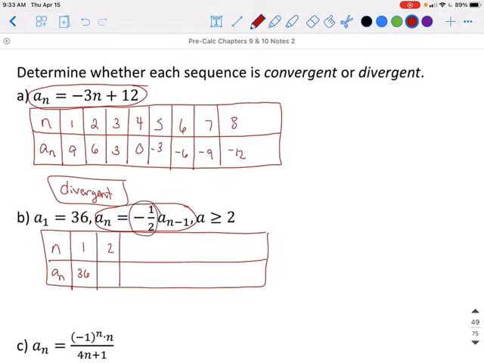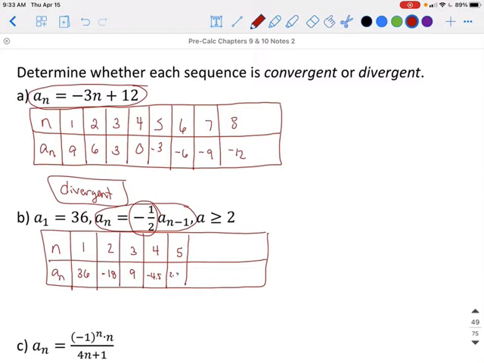So we're going to multiply 36 by negative 1/2, and that's going to give us negative 18. For 3, again, we're going to do our previous answer times negative 1/2. So negative 18 times negative 1/2 will give us a positive 9. 4 will give us a negative 4.5.